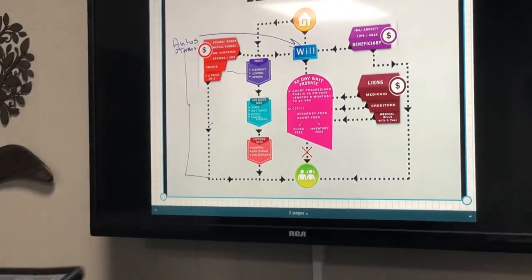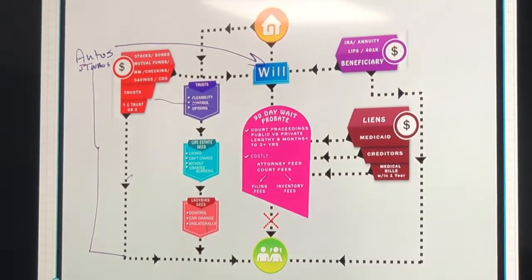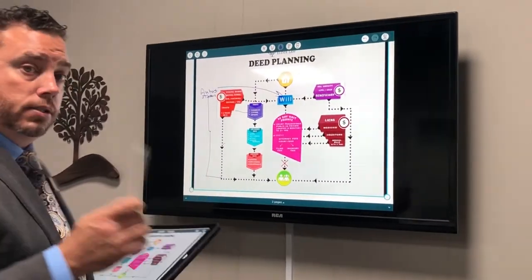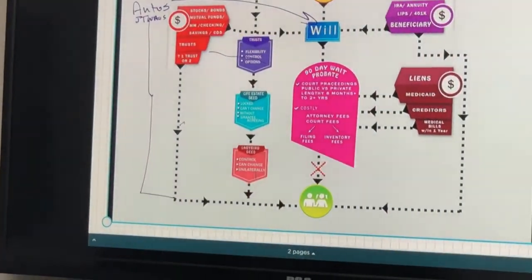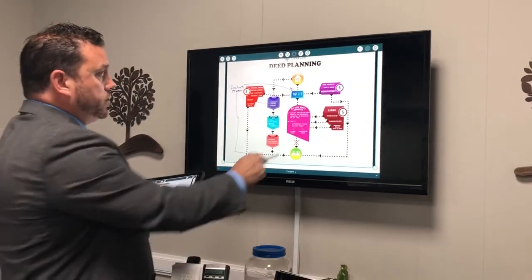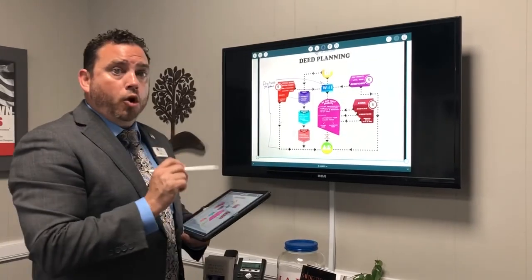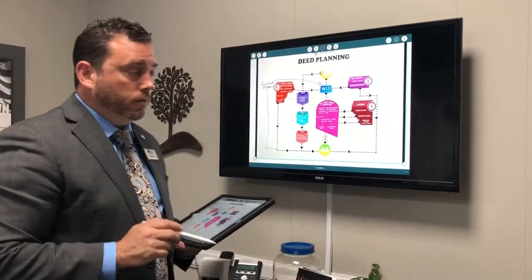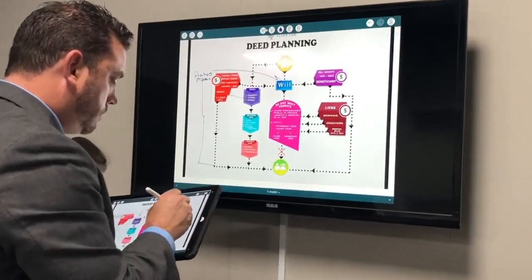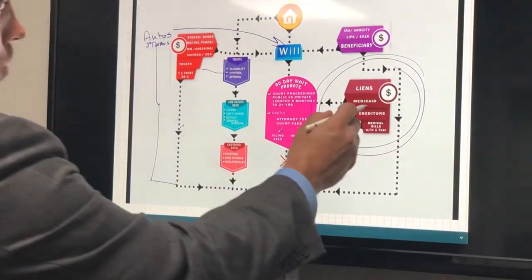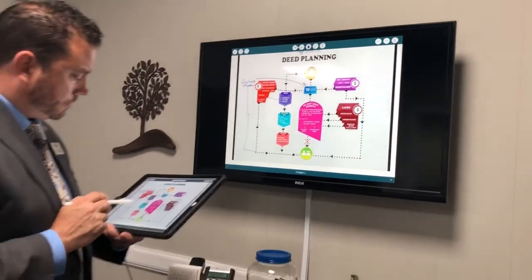There's a $4 per thousand fee for all the money going into and paid out of the estate, plus any attorney fees and court fees, which include filing and inventory fees. And that's how I visually have this laid out. So it's really a visual guide to how probate works and how probate avoidance works and how lien attachment works, okay? How liens attach and what liens can attach.